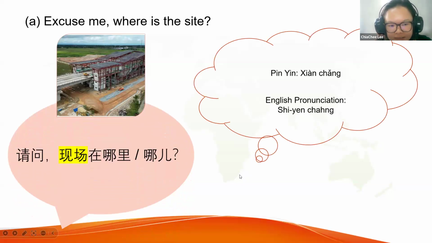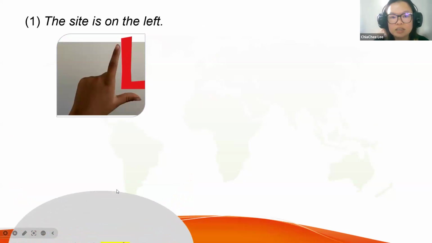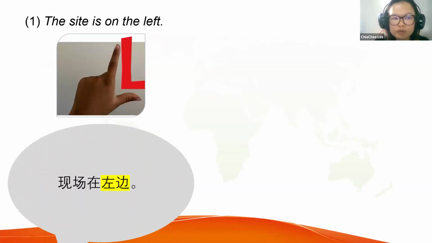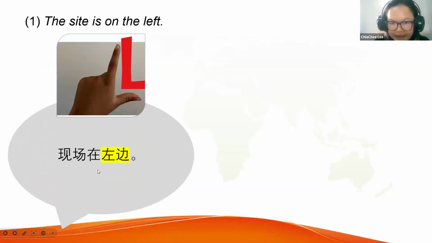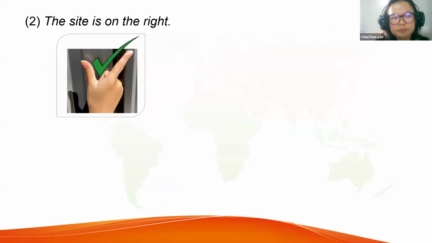In order to answer this question, we have to find the subject. We are checking on the side, which is 现场. When we answer the question, the sentence structure is just like copy paste, but without the 请问 and 在哪里. We will just say the side is on the left, 现场在左边. You just point to them, 现场在左边.